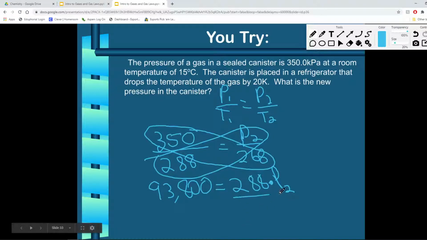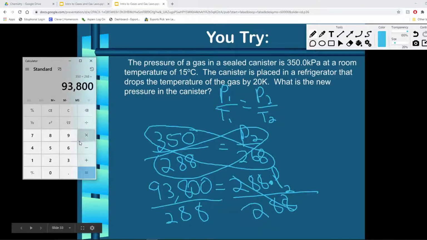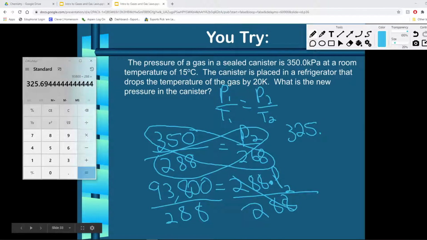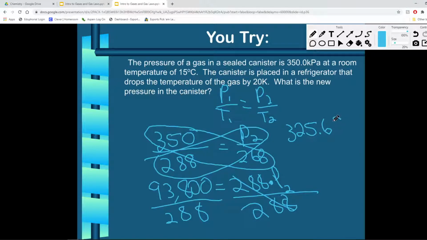Then we've got to get P2 by itself, so we cancel out the 288 by dividing it on both sides. And our answer is 93,800 divided by 288, which tells us our new pressure is 325.69 kilopascals.